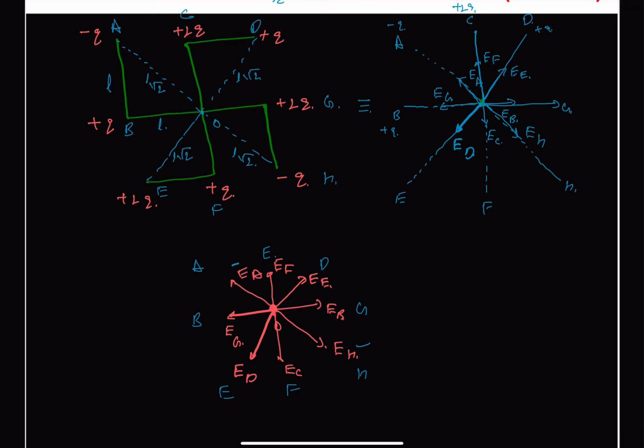This is minus Q and this is also minus Q. All the charges are positive, so the electric field will be entirely in the opposite direction of the respective charges. Now let's find out what will be the electric field because of EA and everything.